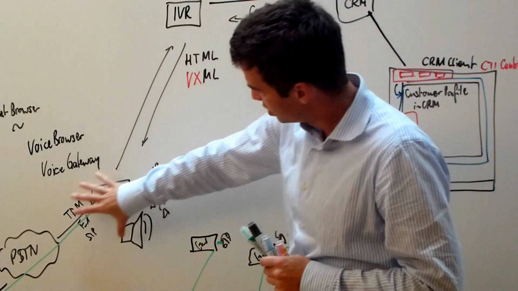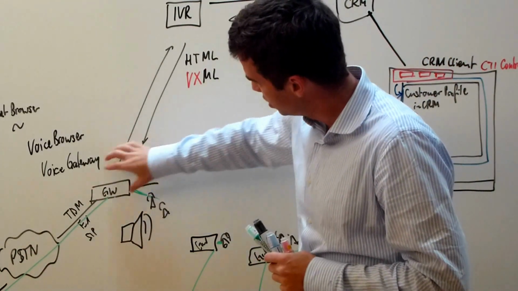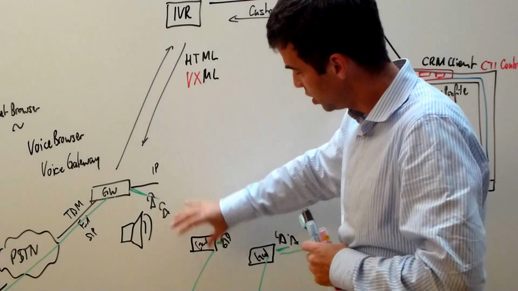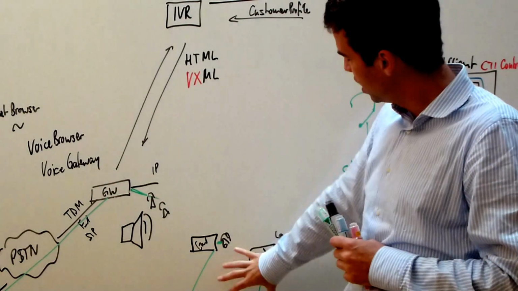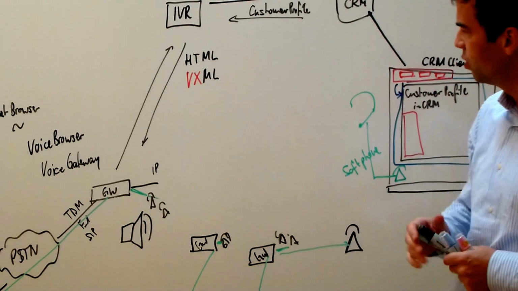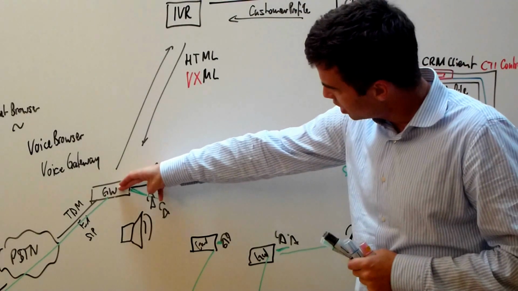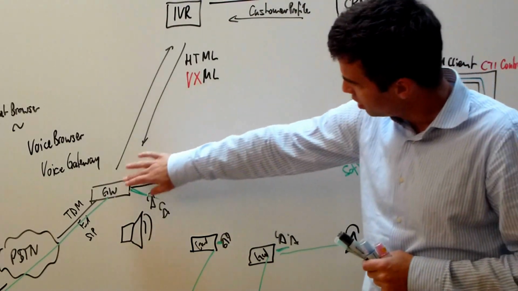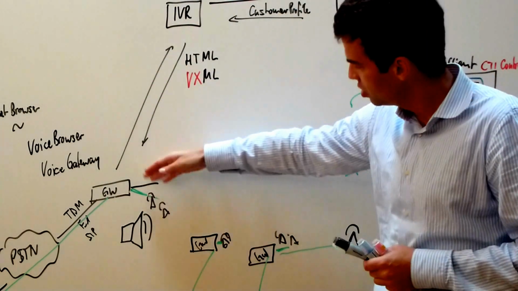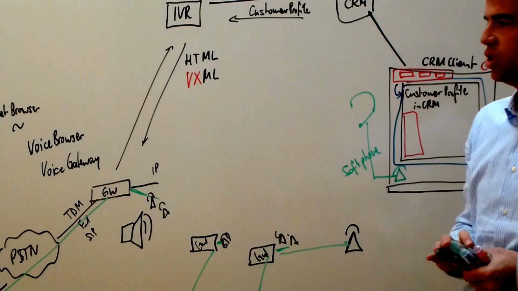So all the calls originating in Morocco would terminate in Morocco, all calls originating in Switzerland would terminate in Switzerland, and all the calls originating in Belgium would terminate in Belgium. And all you would need on the local deployments would be a voice gateway plus phones. So you won't need any servers on those distributed locations.